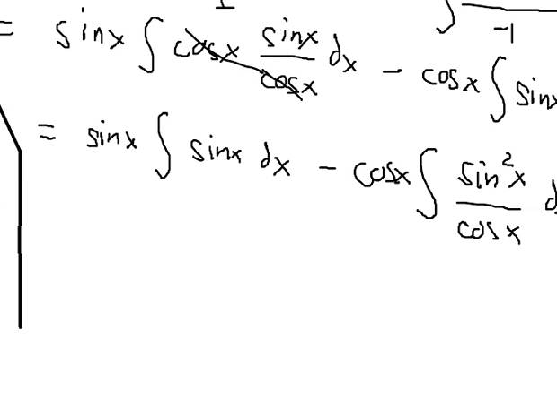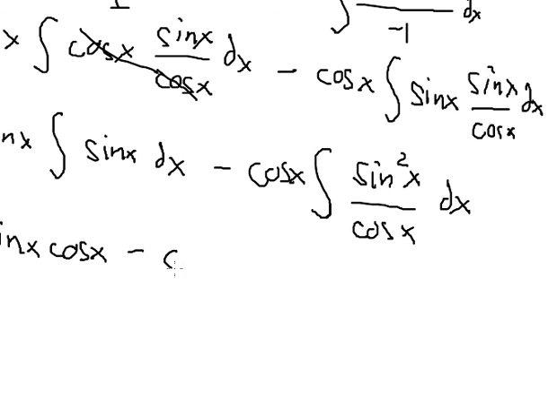Now the integration of sin s in here, you get negative cosine s. Now we go to this one. We can use the trigonometric identity. You get 1 minus cosine s squared over cosine s.